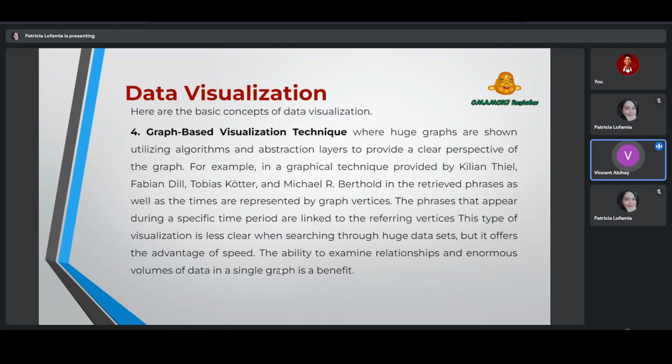The phrases that appear during a specific time period are linked to the referring vertices. This type of visualization is less clear when searching through huge data sets, but it offers the advantage of speed. The ability to examine relationships and numerous volumes of data in a single graph is a benefit.